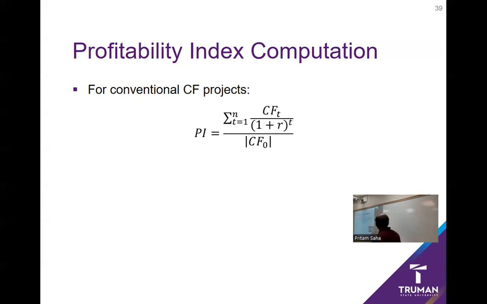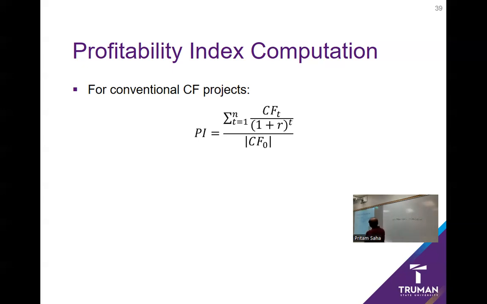In NPV, what do we do? We subtract outflow from inflow, right? So that we can look at the absolute wealth creation or destruction, right?